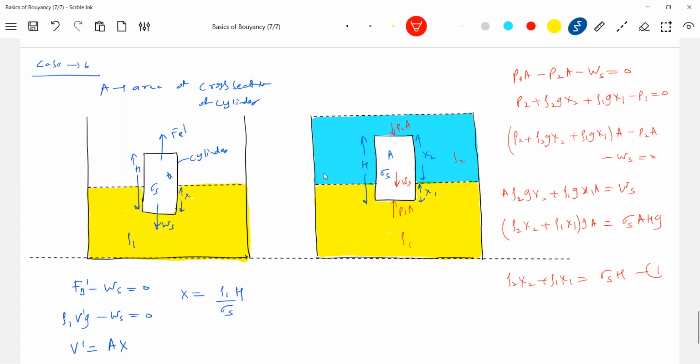That's equation 1. One more equation we can write: x1 plus x2 must be equal to h from geometry. That's equation 2. Solving 1 and 2.